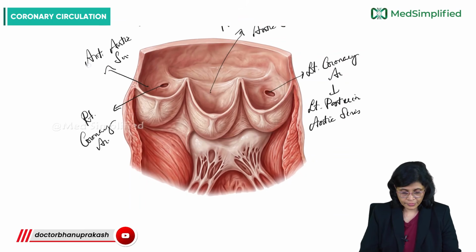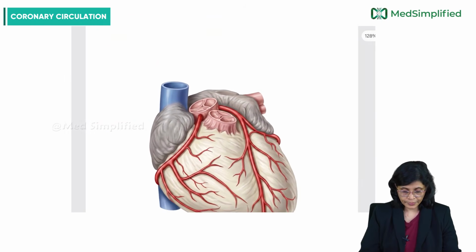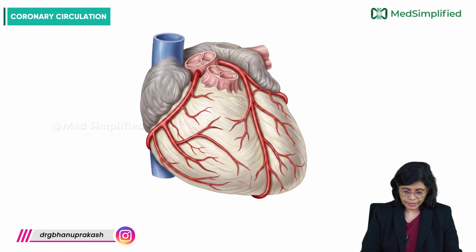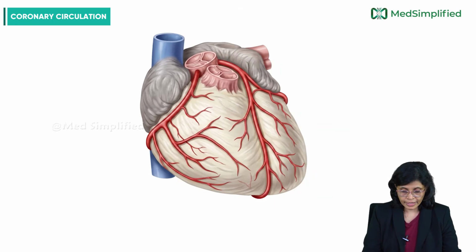So next we will see the origin of each of these coronary arteries. If we take first the right coronary artery, it begins from the anterior aortic sinus, otherwise also called the right coronary sinus of the ascending aorta.